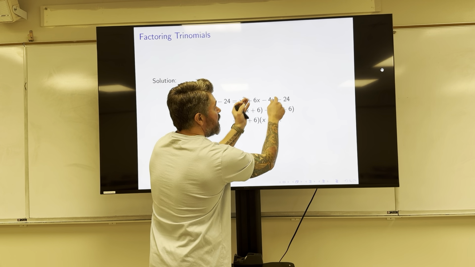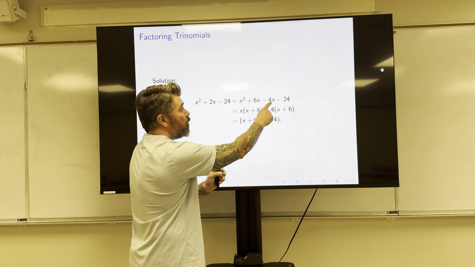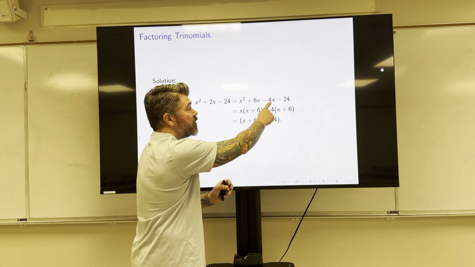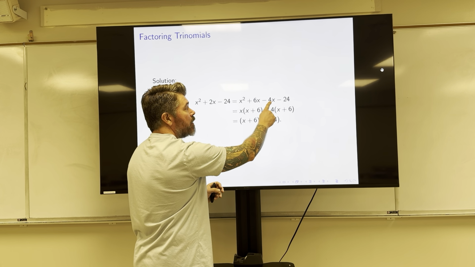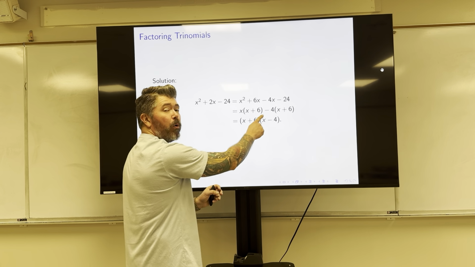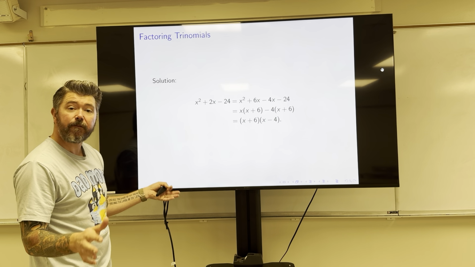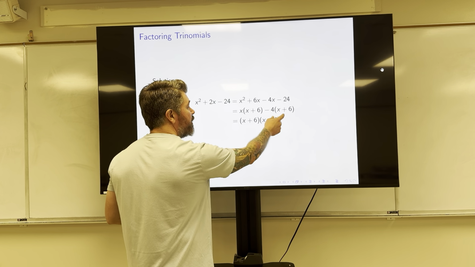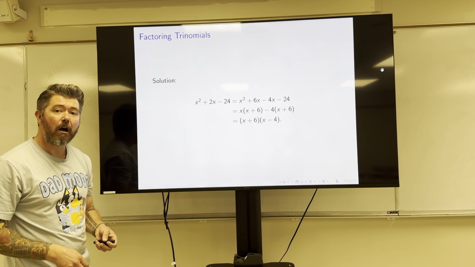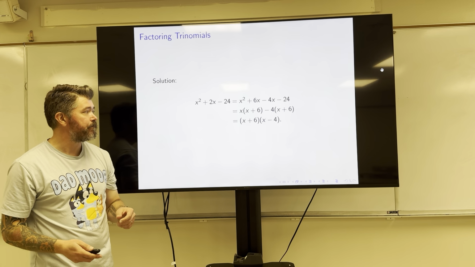Now we group the second part. Remember, this is one of our scenarios where the first term is negative. So the greatest common factor is 4, but the first term is negative, so I'm pulling out a negative 4. Don't forget that trick. Now I have my common binomial, and I can factor out my common binomial, okay?